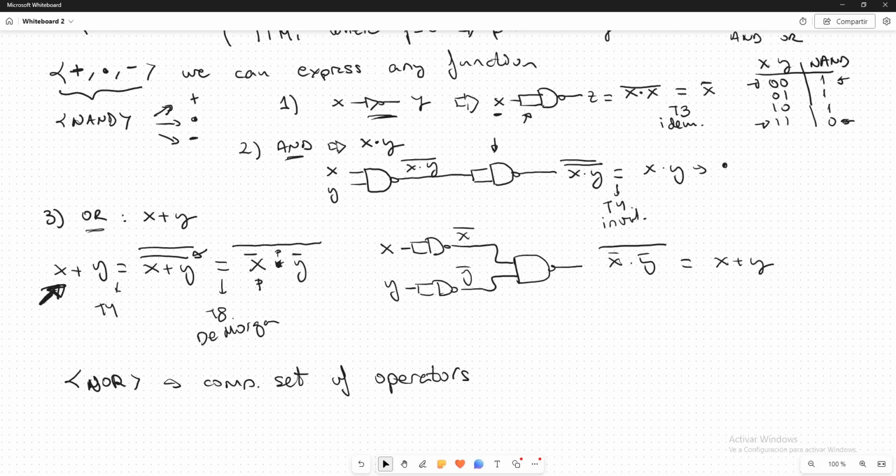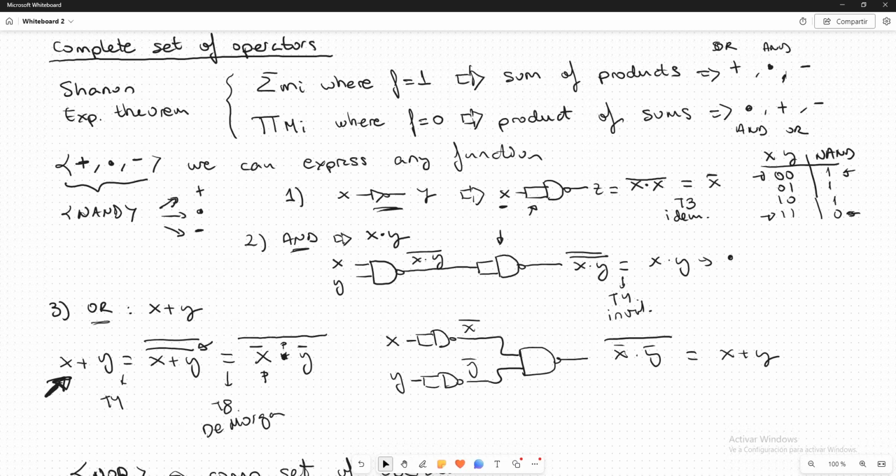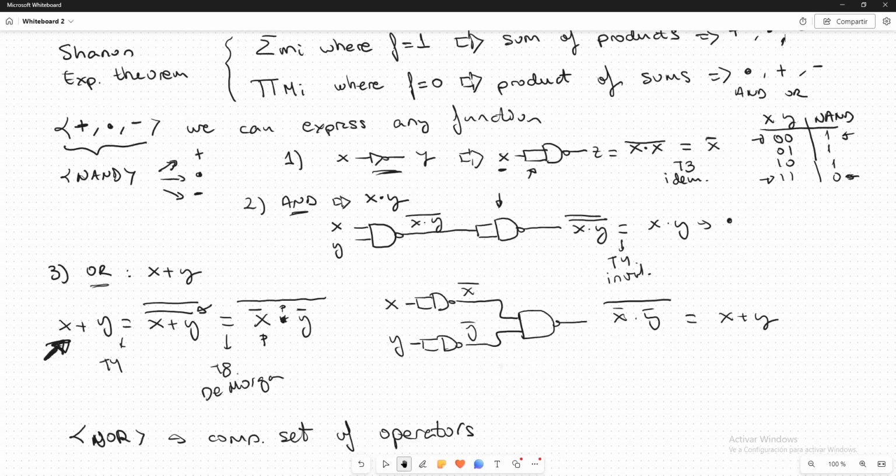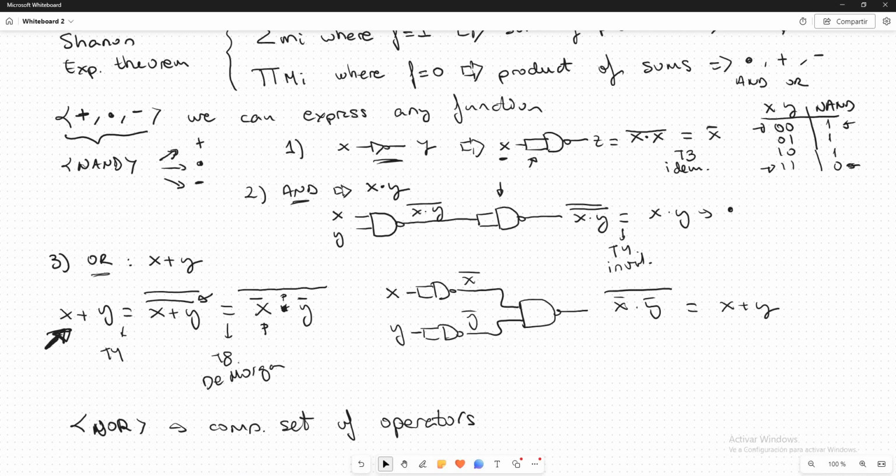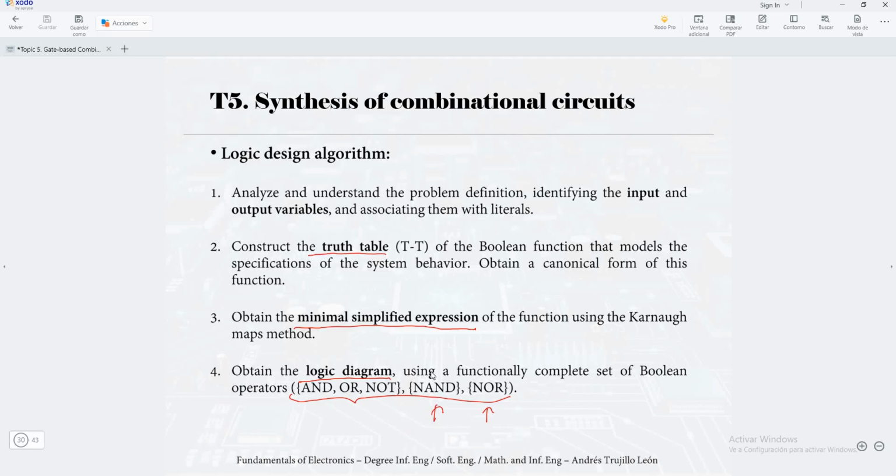It's quite similar, and we are going to apply the same theorems and actions as for the NAND gate example. So you can check it. So that's why we have this here. With NAND and with NOR, we can build a logic diagram interconnecting logic gates and represent any function.